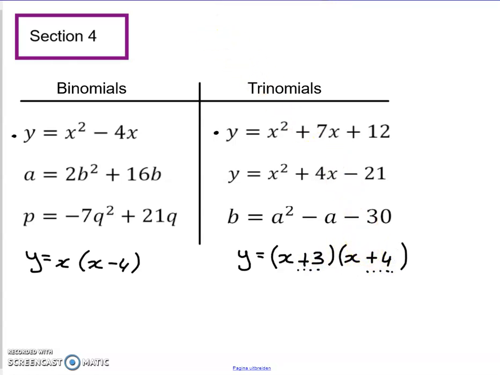So always when you have a trinomial and you're going to factorize, there are two sets of brackets. And there's always the variable at this spot and at that spot. Well, let me show you how you factorize a trinomial. And it's good to know it works totally differently from binomials.